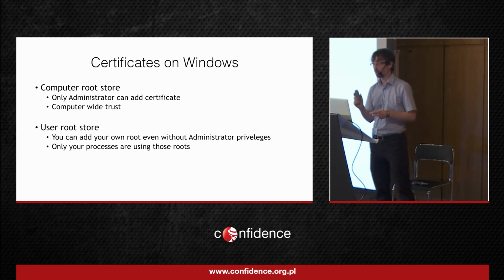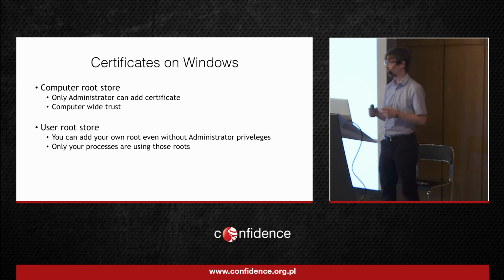We have two root stores. The first one is the computer root store. If you have a certificate there, it's globally trusted inside this computer, so even the SYSTEM user account trusts this root store. But unfortunately, only an administrator can add a new certificate there.